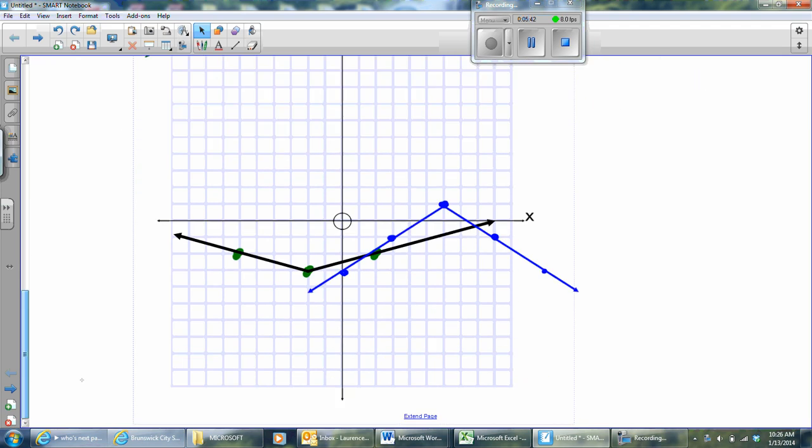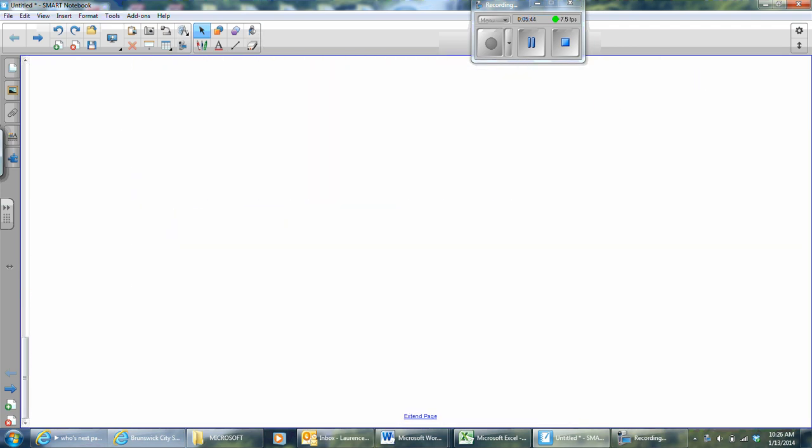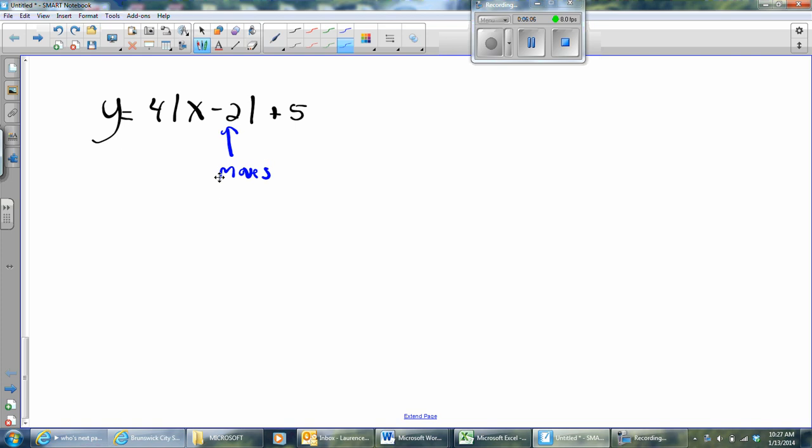All right, so let's just recap what we know about graphing absolute value, and then we can call the video an end. Okay, when we have y equals, say, 4 times the absolute value of x minus 2, plus 5, this moves the vertex 2 to the right.